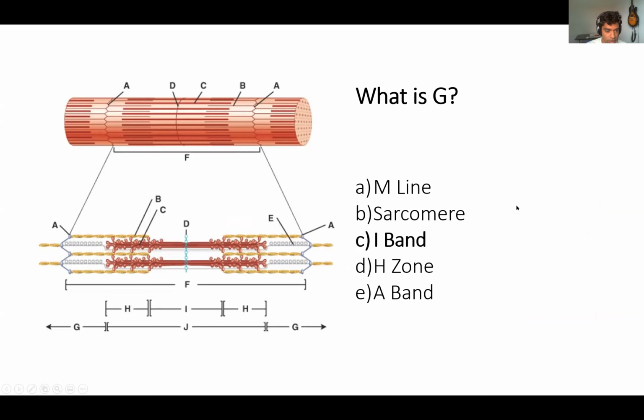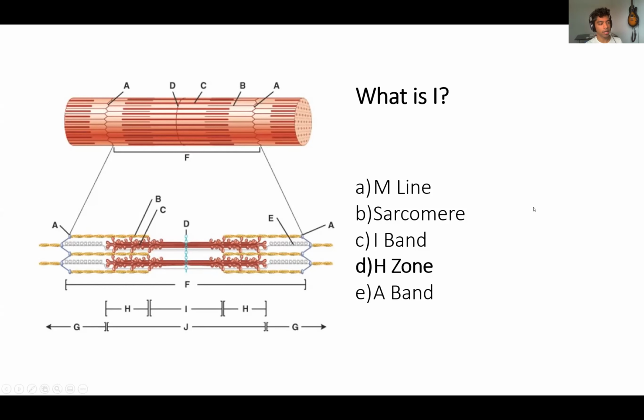G is C, very good. What is J? J is the A band, very good. What is I? I is the H zone, awesome.